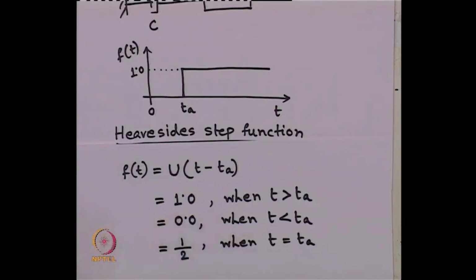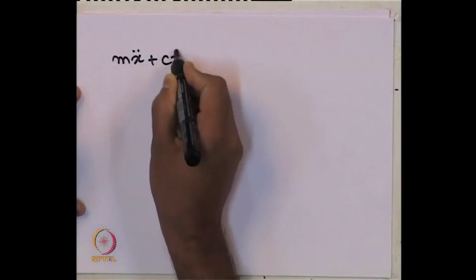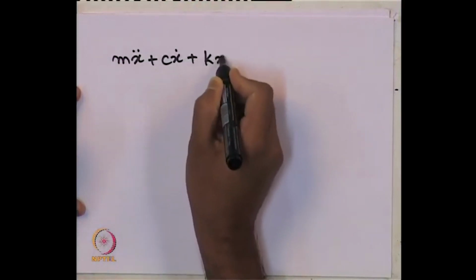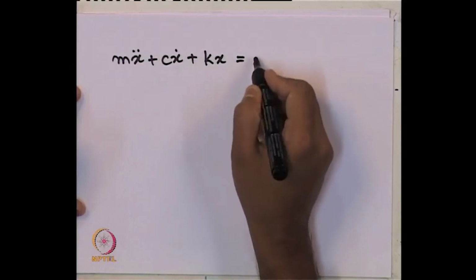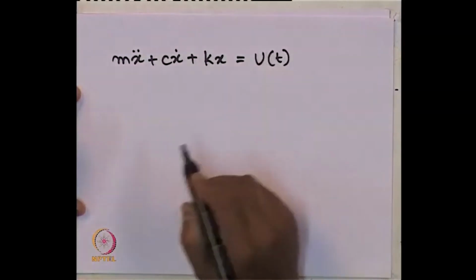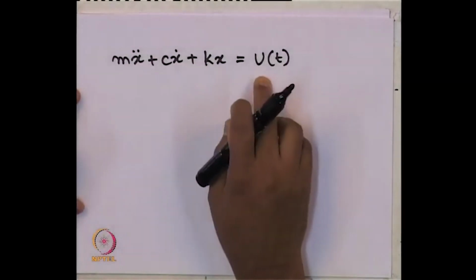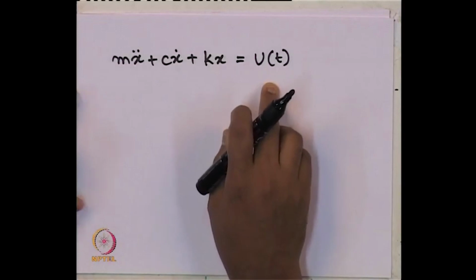So, now how do we write down the equation of motion for this system? The equation of motion is m x double dot plus c x dot plus k x equals u(t), considering this Heaviside step function. Now, u(t) represents a unit load.